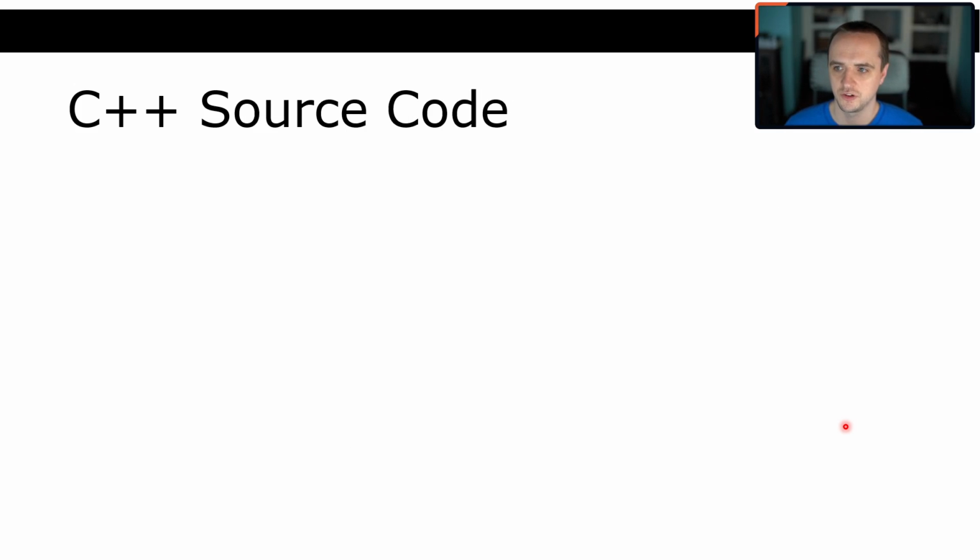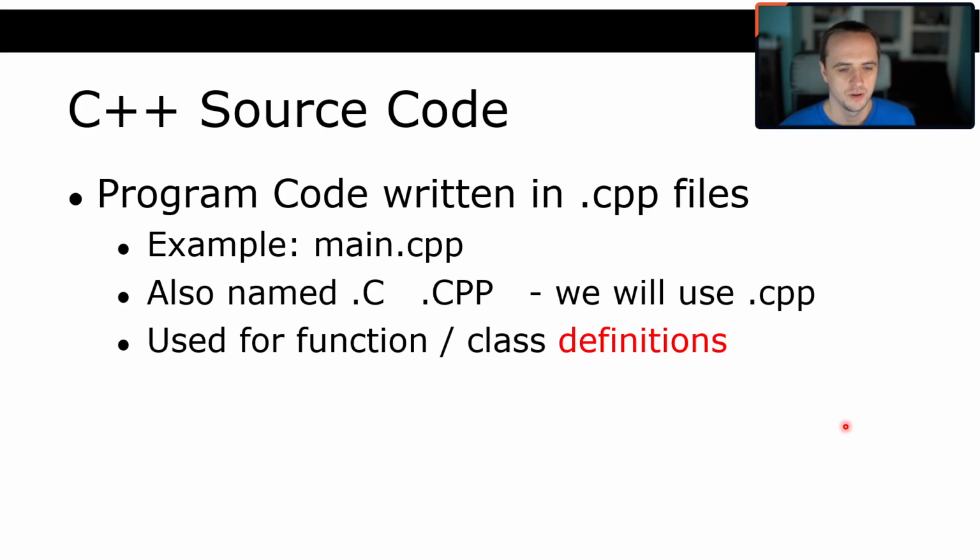C++ source code. Program code that we will be writing in this course for C++ is written into .cpp files. So for example, we will have a main.cpp file in each of our assignments that contains the main function that's going to be run.